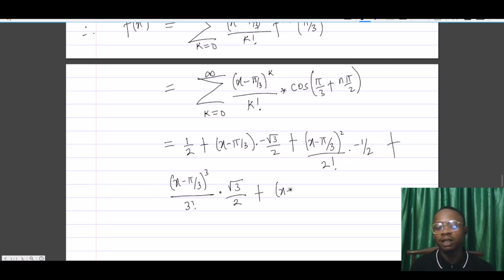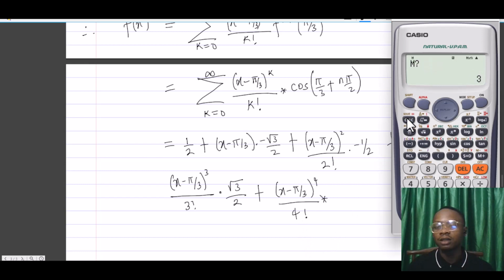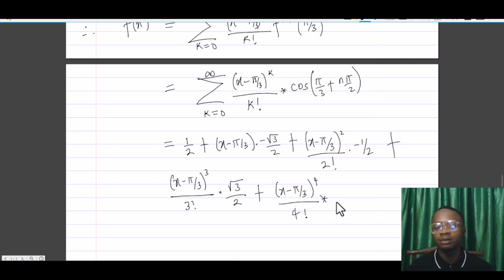This is x minus pi over 3 to the power of 4 divided by 4 factorial, multiplied by what happens when n equals 4. Calculate when n equals 4. This is 1 over 2.